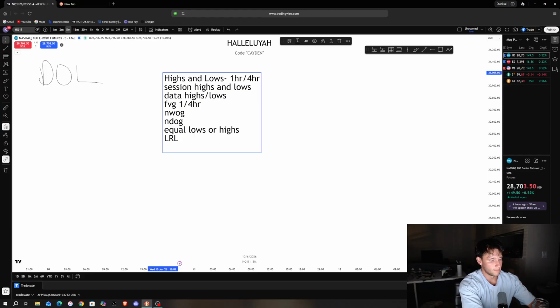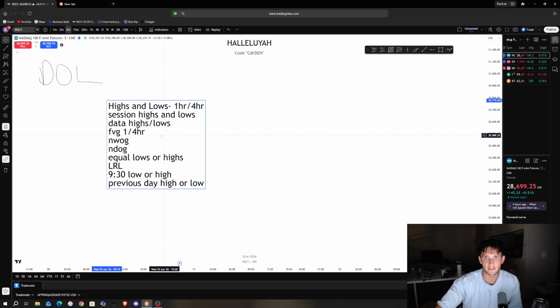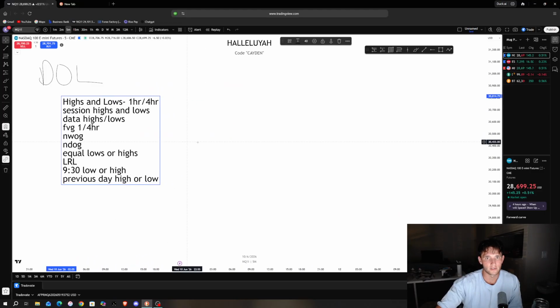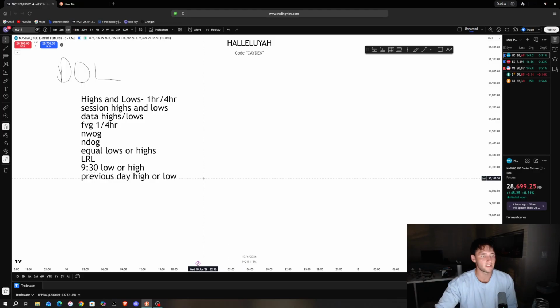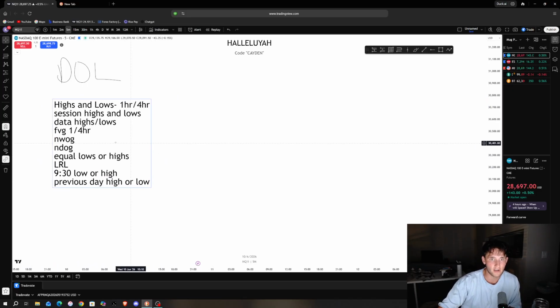And the 9:30 low or high, like market open, that's the first candle, and previous day high or low. These are the major ones that you're going to see often. These are the ones you're going to be able to build your bias off of. Obviously, it's going to be structure dependent and daily dependent. I break these down every single day, but these are the simple stuff.